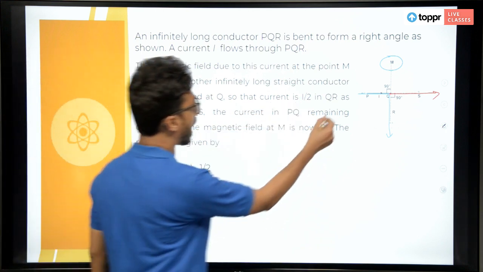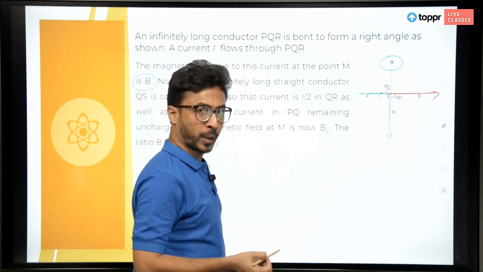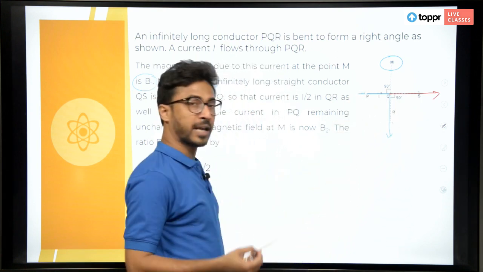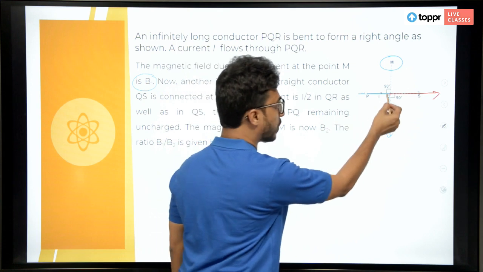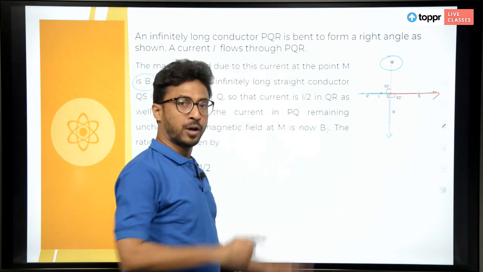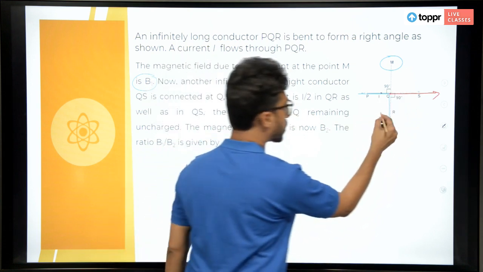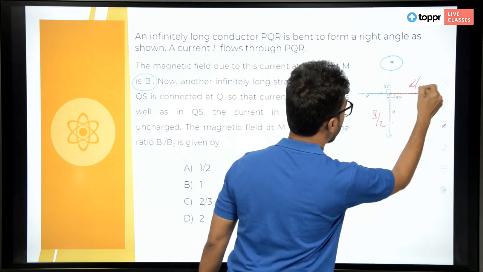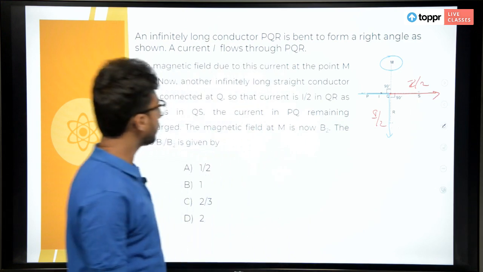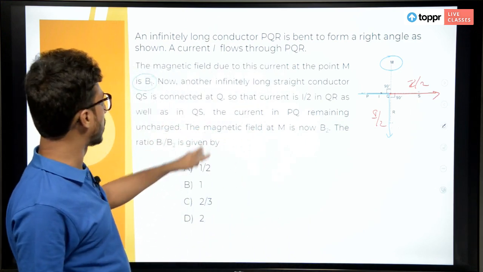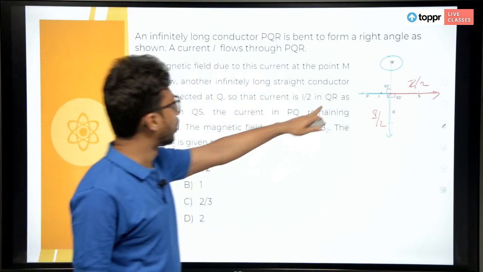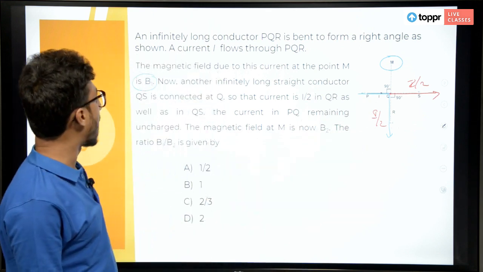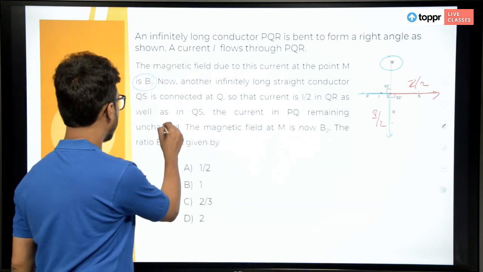So initially I current was flowing through this. As you have connected another conductor, the current will distribute along these two paths. So this will be I by 2, this will be I by 2, in QR as well as in QS, the current in PQ remaining unchanged.